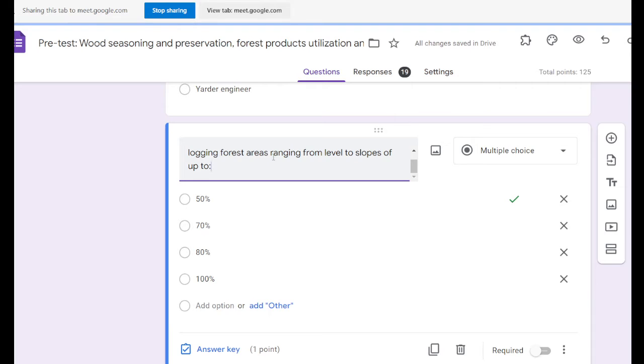Applied siya with these types of slopes because ang cable system, instead na truck ang mag-transport sa kahoy from the higher elevations going to the landing sites kung asa ibutang ang mga logs, instead na truck ang maghauling ang gamiton cables, because it will be easier and more economically efficient compared with trucks. Okay, so that is applied to slopes ranging from level to slopes up to 50%.